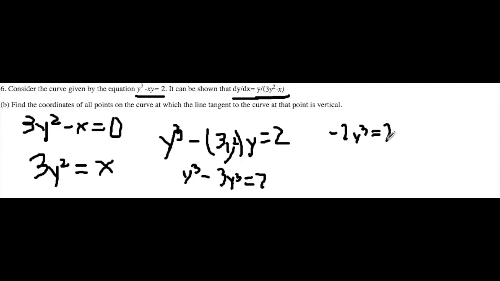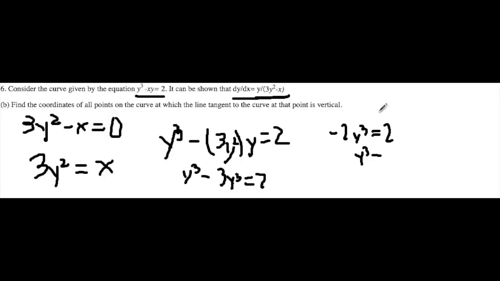Then we divide by negative 2 both sides, we get y cubed equals negative 1, and then y will be equal to negative 1 because the cube root of negative 1 is just negative 1. And if you don't believe me, you can check that out on your calculator.